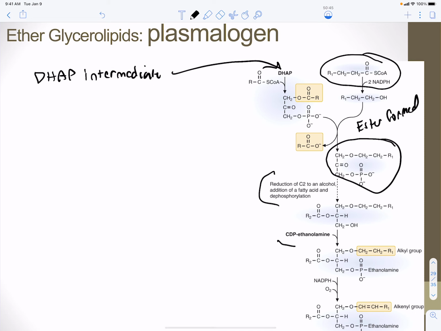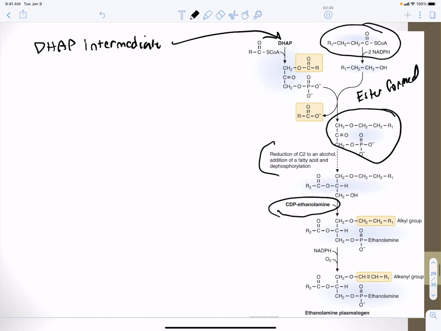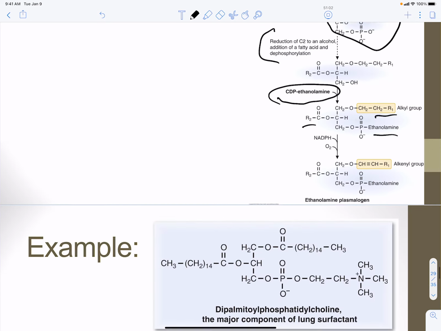So you get, in this case, ethylamine attached here. And then this is going to give you an ether glycerol lipid.